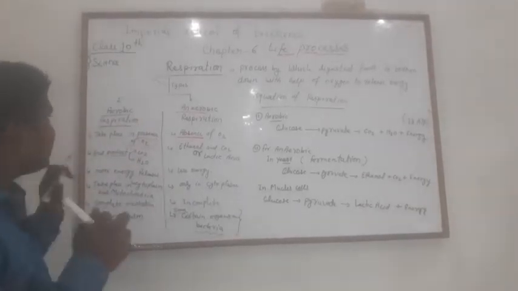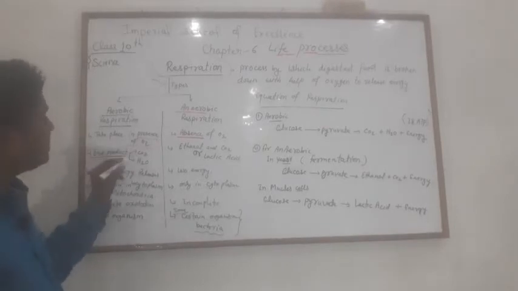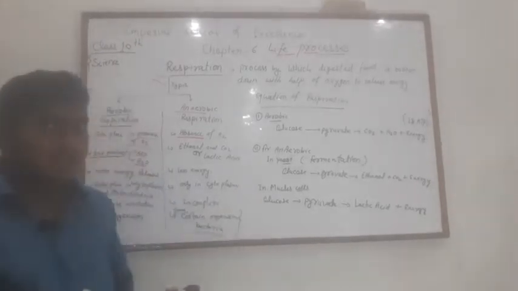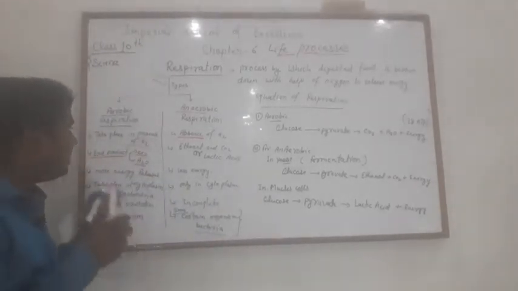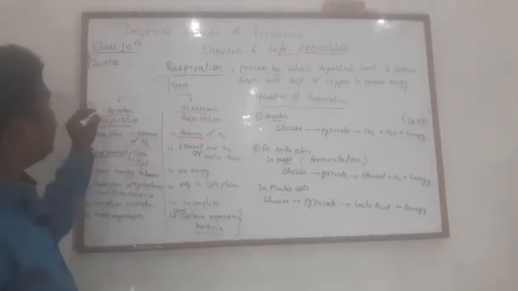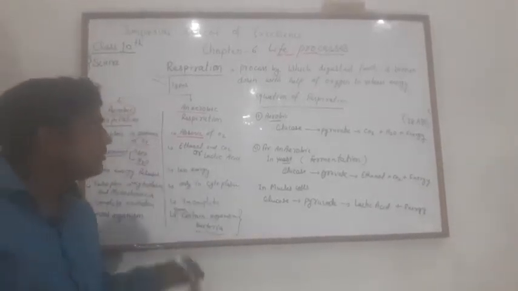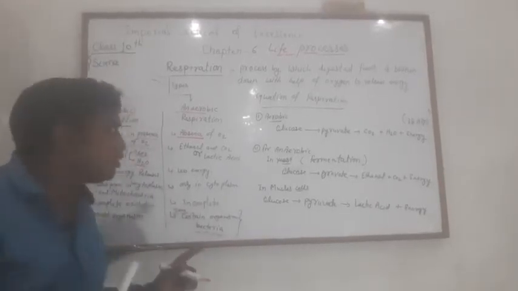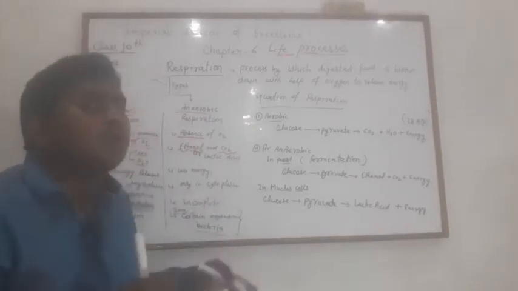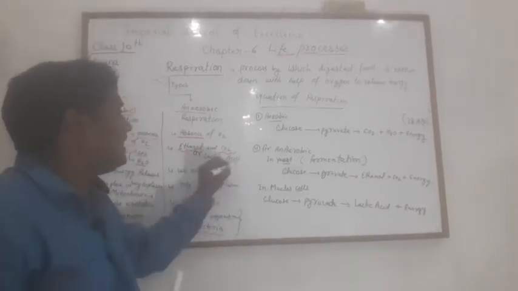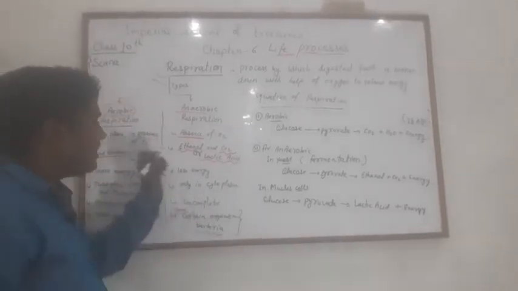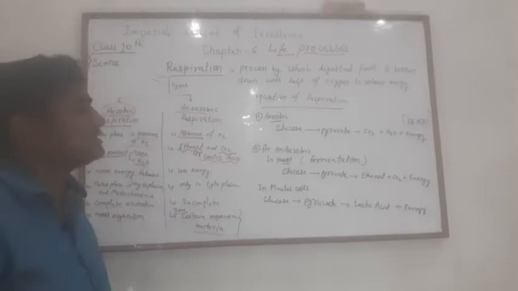In the case of aerobic respiration, CO2 and H2O, carbon dioxide and water, are the end products. If we talk about anaerobic respiration, the end products will be ethanol and CO2, or lactic acid in some cases. In very rare and special cases, later I will discuss it.